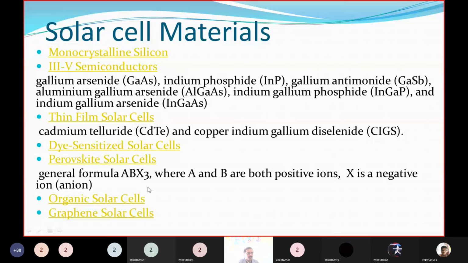Examples of anions are oxygen, iodine, and fluorine. Examples of cations are aluminium, magnesium, and sodium. These all are cations only. So these are the ABX3 structure of materials.